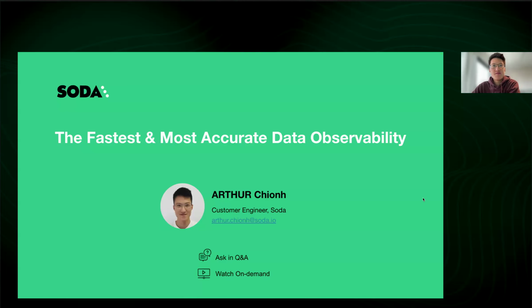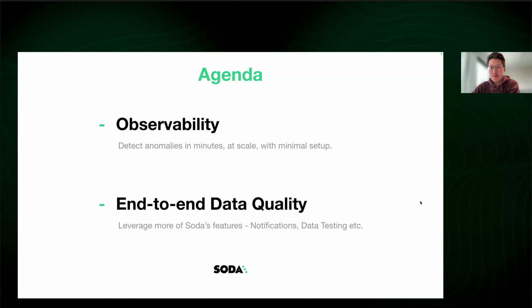So let us begin with the agenda for today. We'll talk very briefly about what exactly observability is. Then we'll look at how observability is supported and featured in Soda, and how Soda helps you detect anomalies in minutes, at scale and with minimal setup.